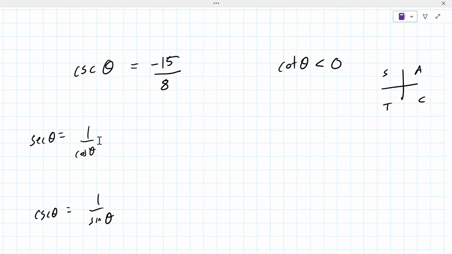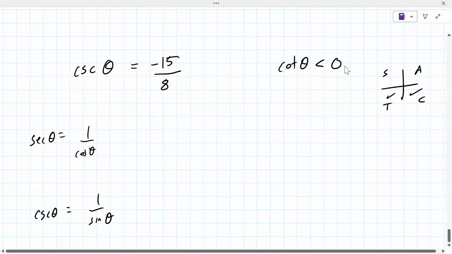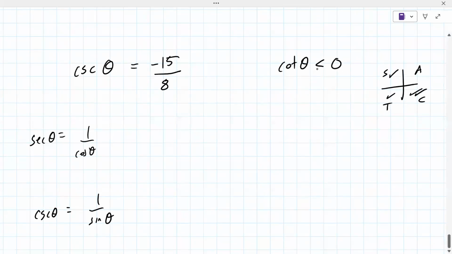It would be 2. Okay. Remember, if cosecant is negative, really sine is negative, that means you're either in the third or the fourth. Cotangent is really like tangent, so if it's negative, it's going to be in the second or the fourth. Oh, so it'd be the 4th.